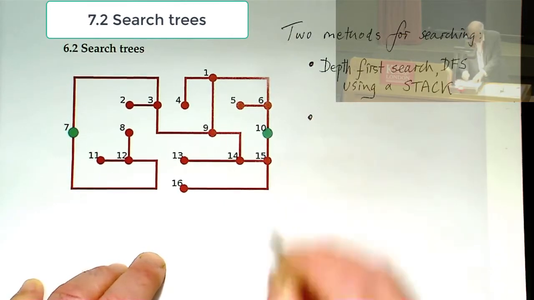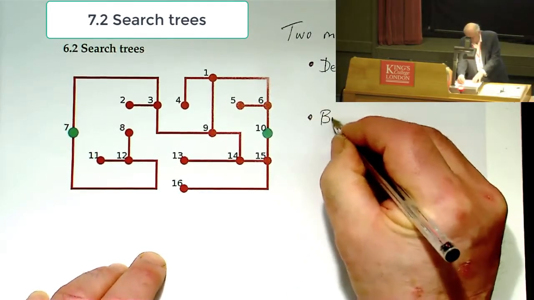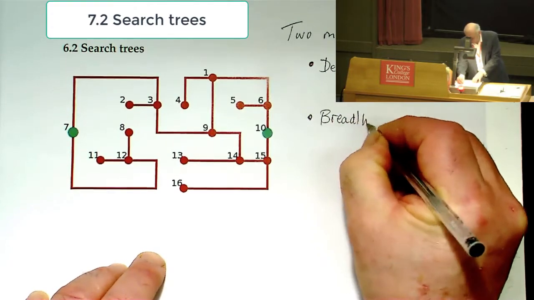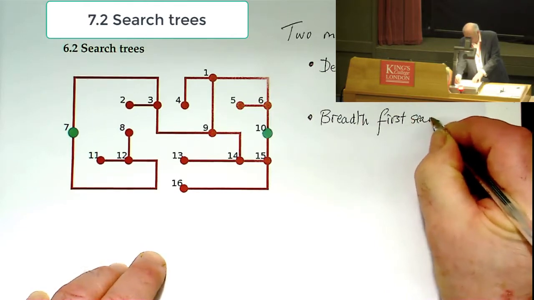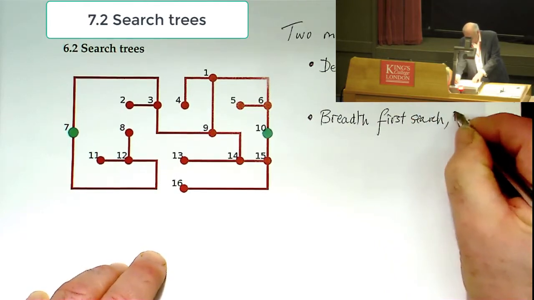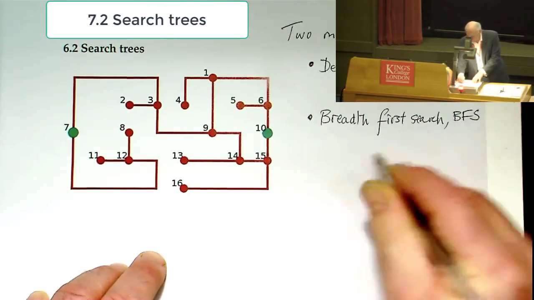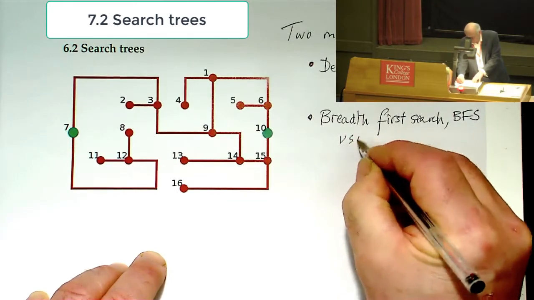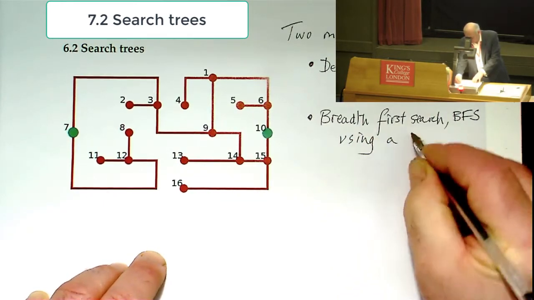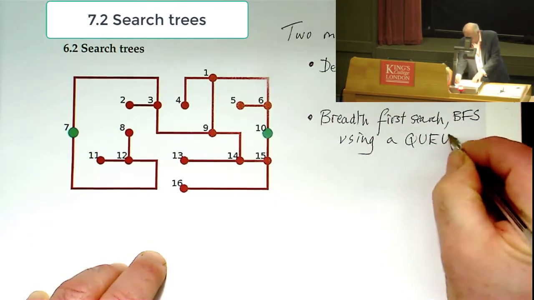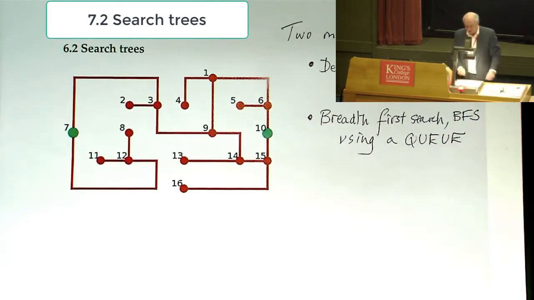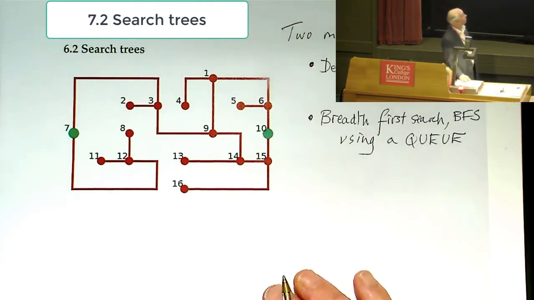And then the other method, which we have actually seen before, is the breadth first search. This is characterized by storing the data in a queue, in which you come on one end and go off the other end.